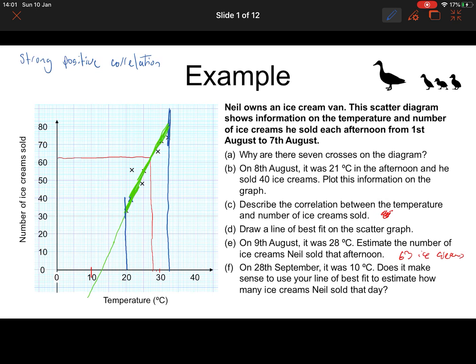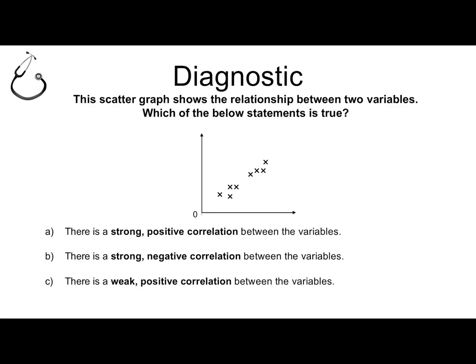That is an example of what we call extrapolation. You are looking outside of the range of the data that you collected. So your prediction is not necessarily wrong, but it's not as reliable. We would have to question whether it's really reliable. Okay, so the answer is no. It wouldn't make sense for you to do that.